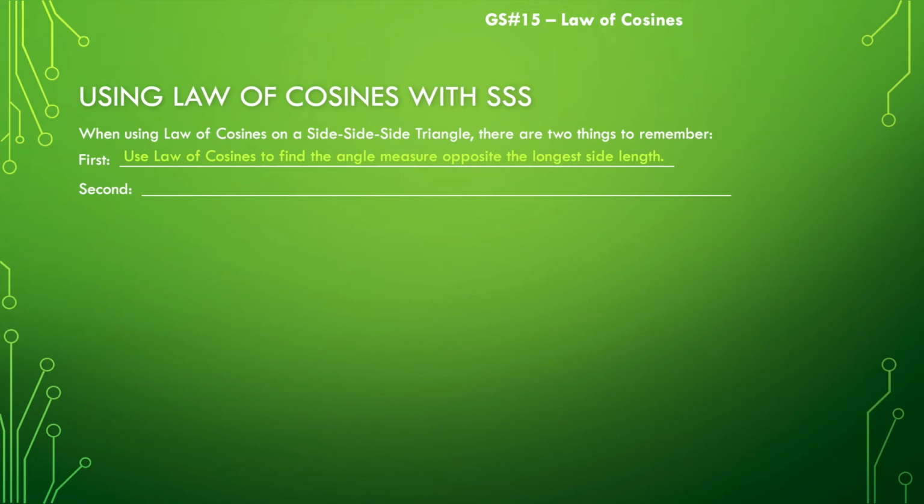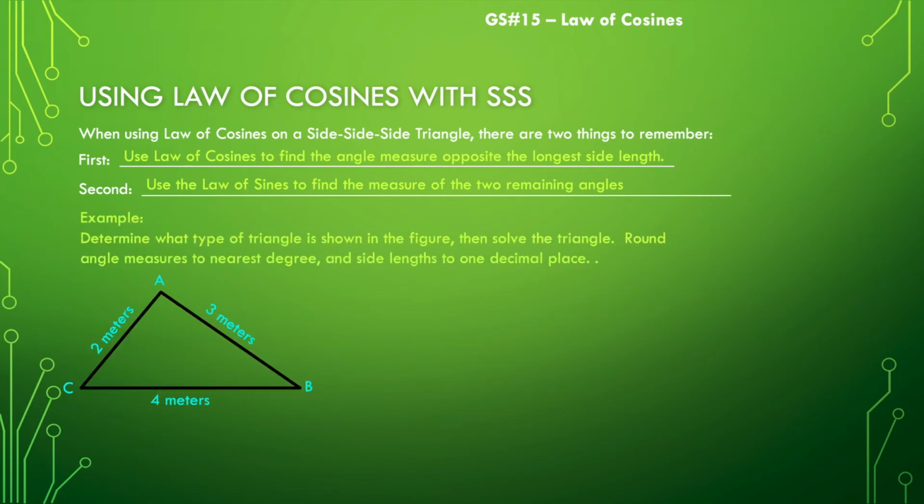So we're looking for the largest angle measure first, and we're doing that really to prevent any kind of ambiguous case scenarios from creeping in. Then after that, we're going to use the law of sines to find the measure of the two remaining angles. So here we have an example where we're given three side lengths.